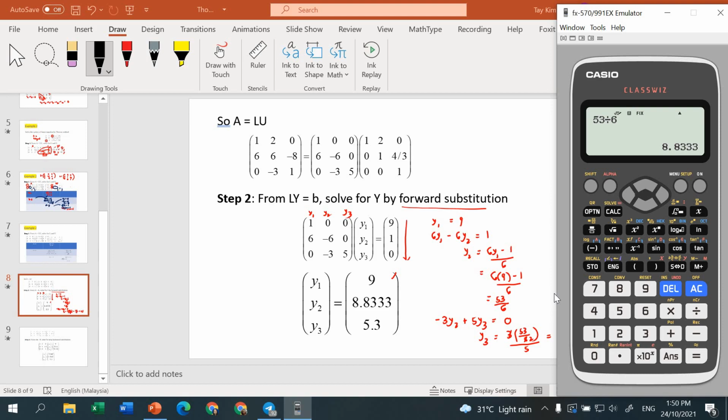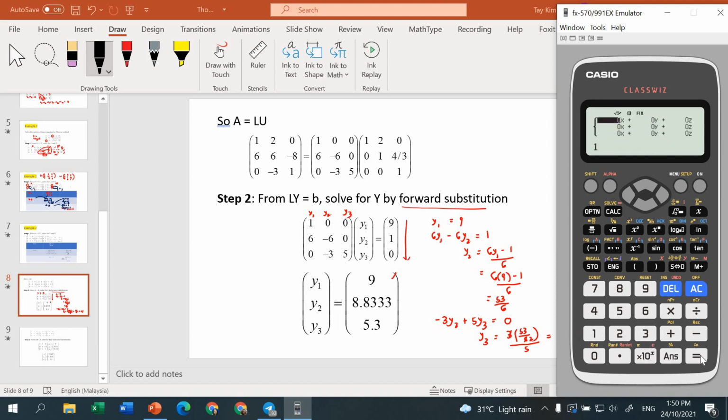This is using forward substitution manually. Forward means start from equation 1, backward means start from the last equation. This is manual, or you may go to the equation mode. Key in the system Ly equal to B into this equation, up to 4 unknowns. Here we have 3 unknowns.